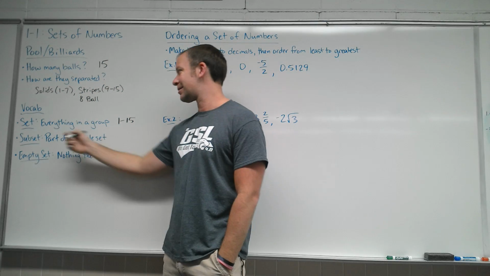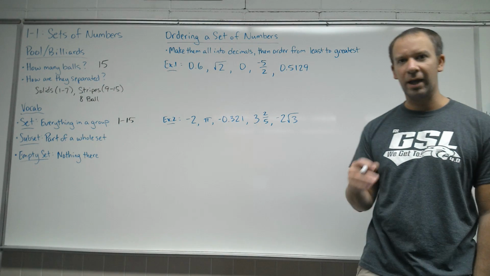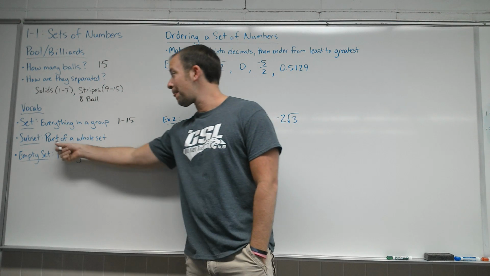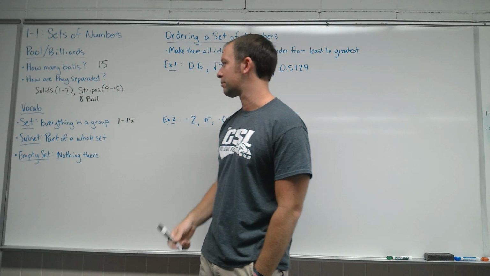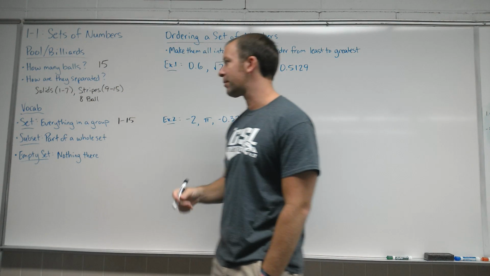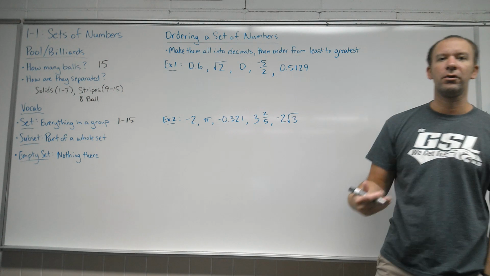A subset is the most common thing in algebra we run into, where we have a set of possible answers, but only a handful of them, or maybe only one, works. So a subset is a part of the whole set. It's like in the world of pool, we play the game to a subset. We play to try to get a part of the whole set in.